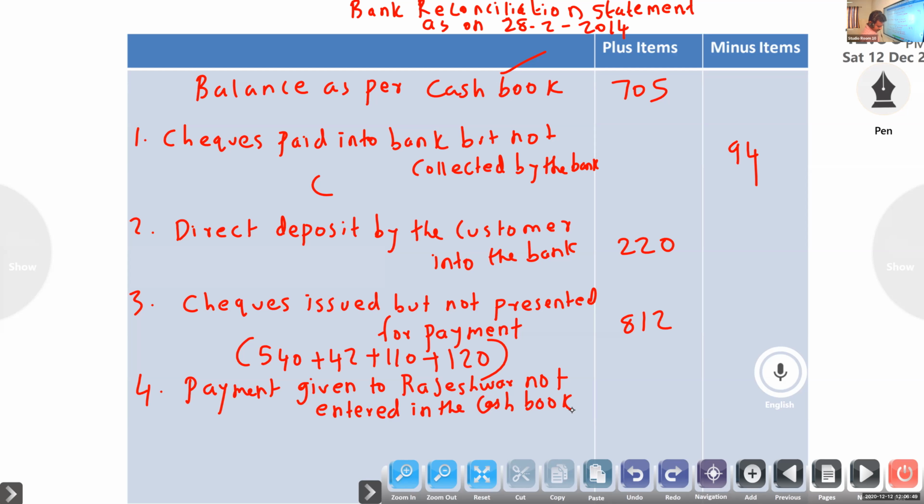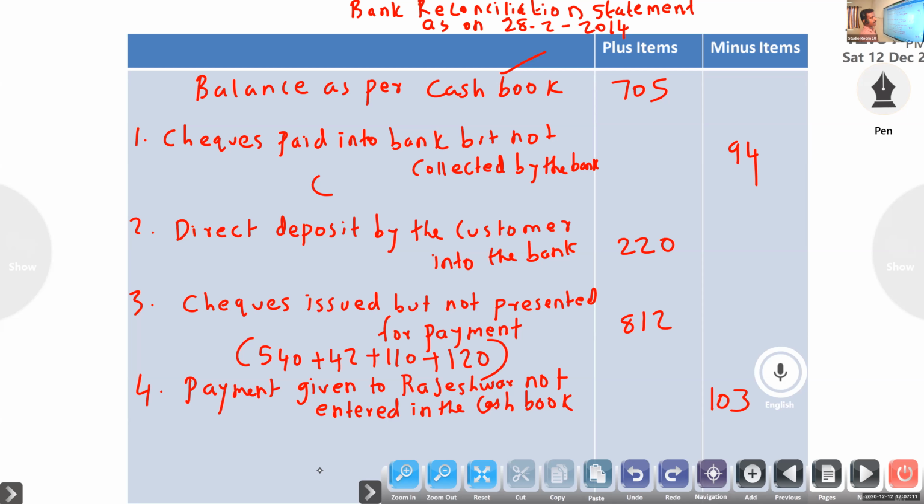So minus. Passbook debit only. Passbook debited. Debited in the passbook. You can understand that. Passbook decrease. Not in the cash book. So cash book increase. Next.